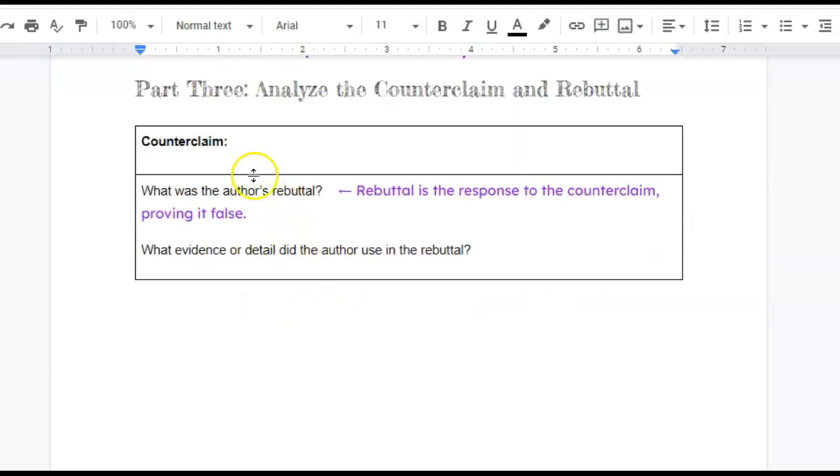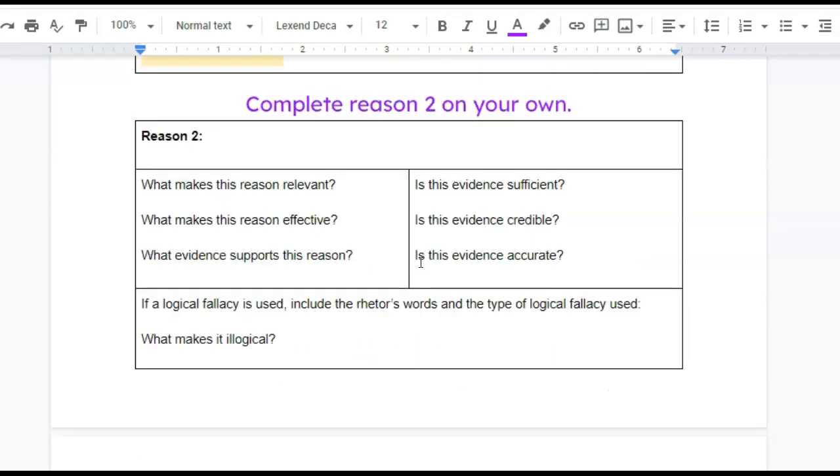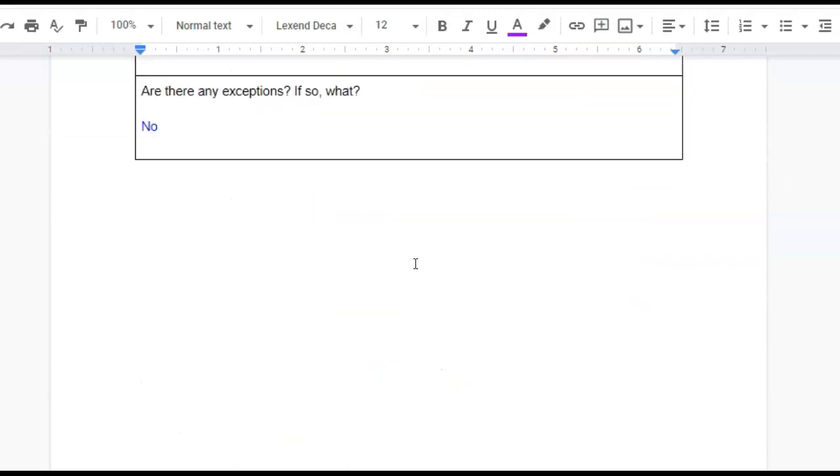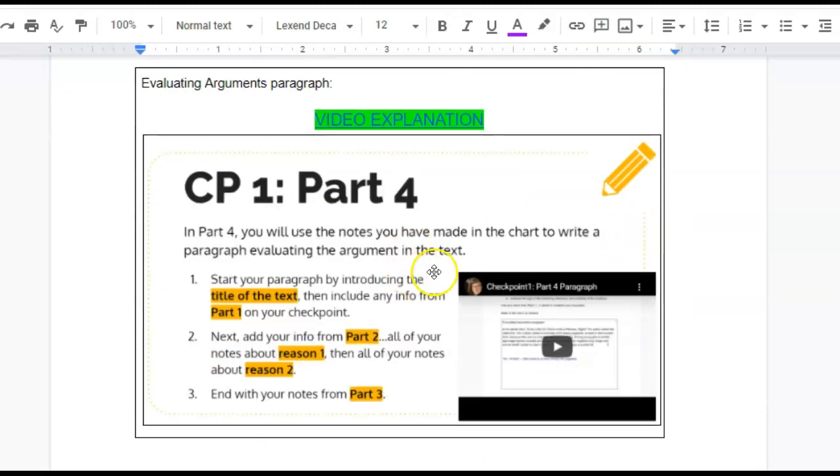Keep in mind, whenever you identify the counterclaim that the author provided, the rebuttal is the response to that counterclaim. When she stated the other side of that argument, how did she respond to the other side? That will help you complete parts 1 through 3 of your checkpoint. And when you are ready for checkpoint 4, you can look at the video that is provided in your instruction slides about part 4.